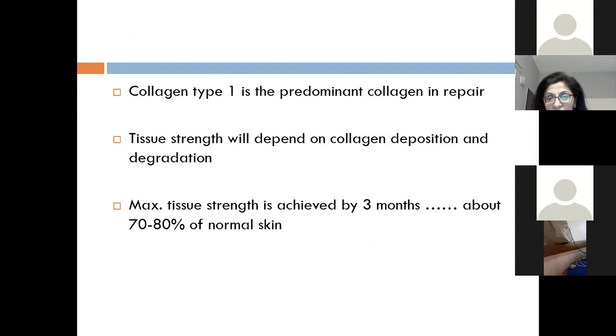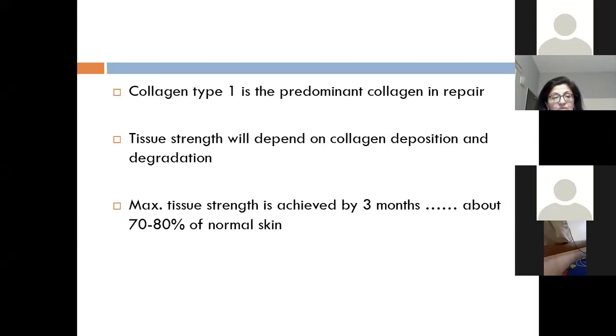So the more collagen is deposited and remodeled, the more your tissue strength will come back. But maximum tissue strength is achieved by 3 months, and it is only about 70 to 80% of normal skin. So it never comes back to 100% of the normal skin. It never reaches the strength of normal skin in the repair process.